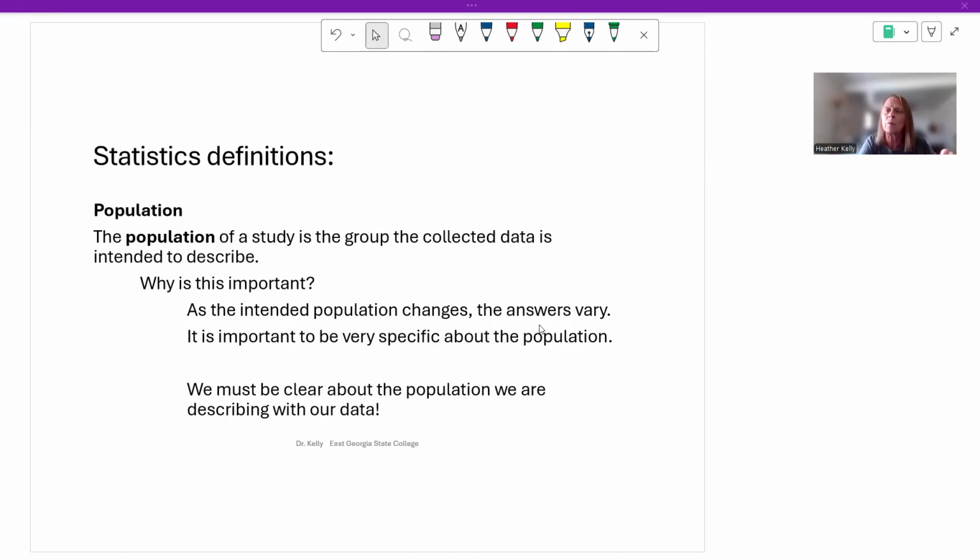So it's really important that you're very specific about the population. A lot of times in the news, you'll hear that a certain poll is a certain percent, but you must always ask yourself who was polled, because it is about what the population was. So you have to be clear about your population when you're trying to describe data, and that's what we're going to do in this unit.